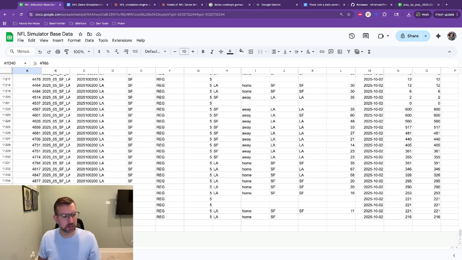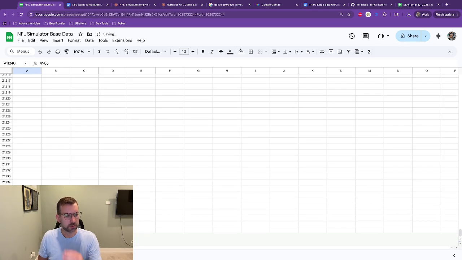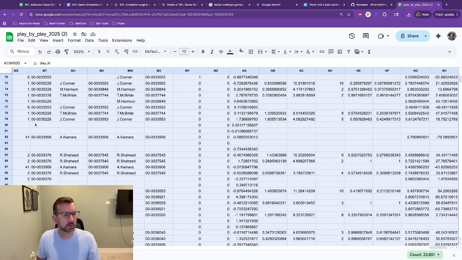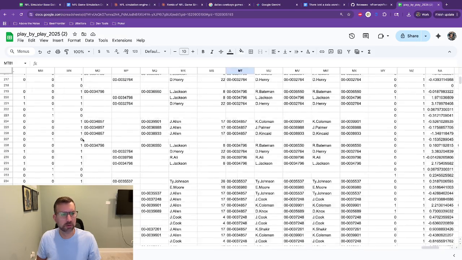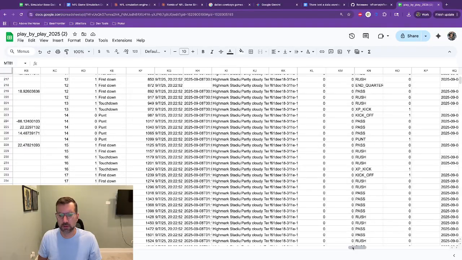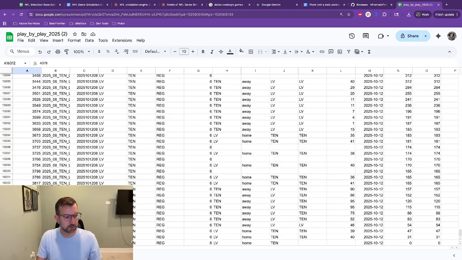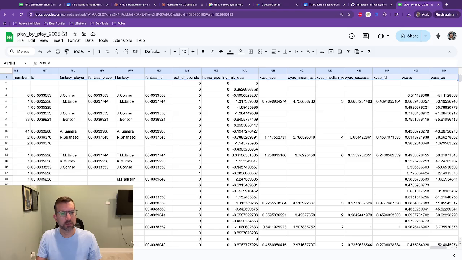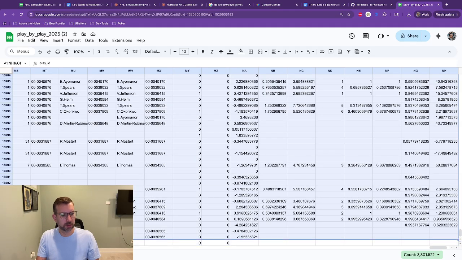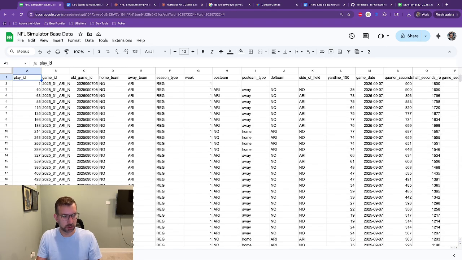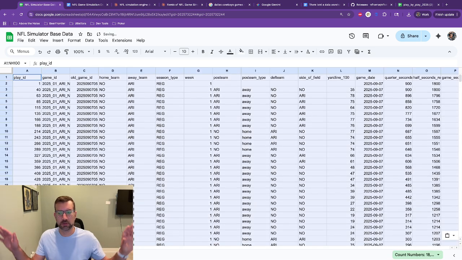Oh, do I need to add more rows first? Let's add a bunch of rows. How many rows are in this one? 16,000. Yeah. Okay. Yeah. Picked them all up. Okay. We're gonna do a copy, and we're gonna try one more time. And we're gonna go paste. Okay, cool. Nothing changed there.